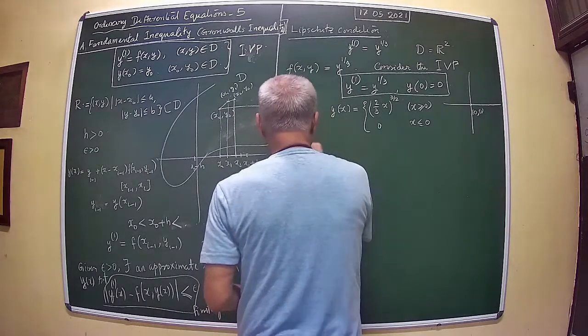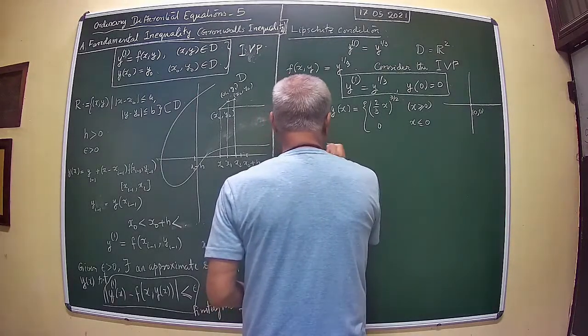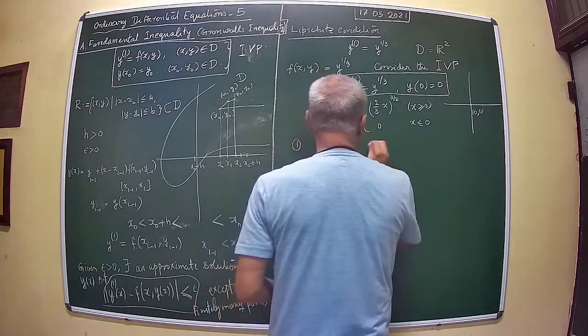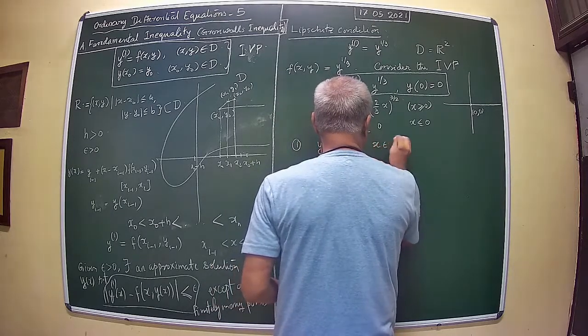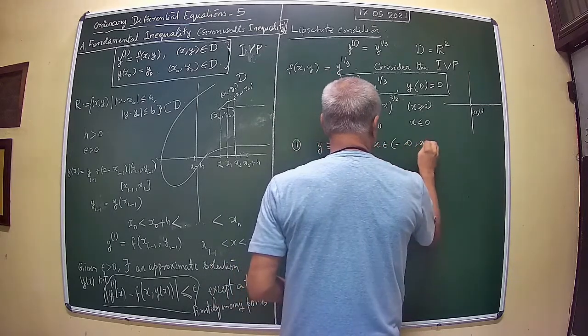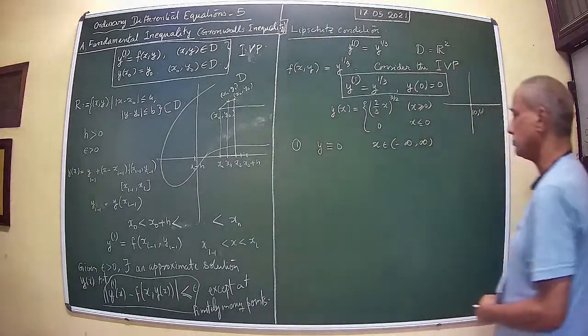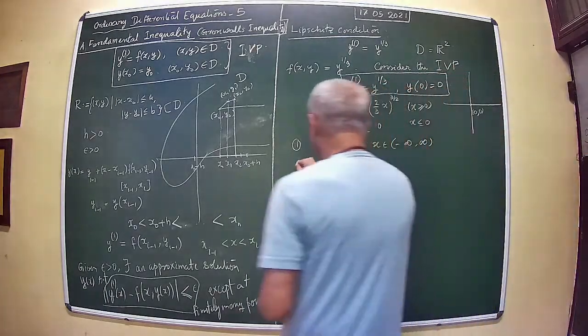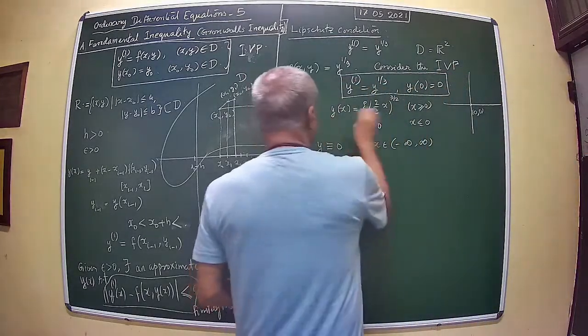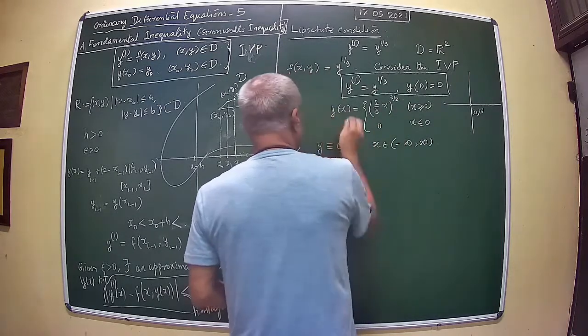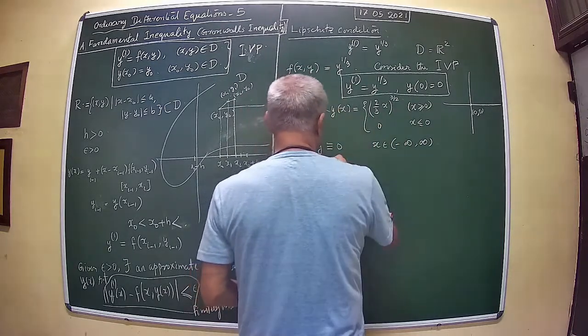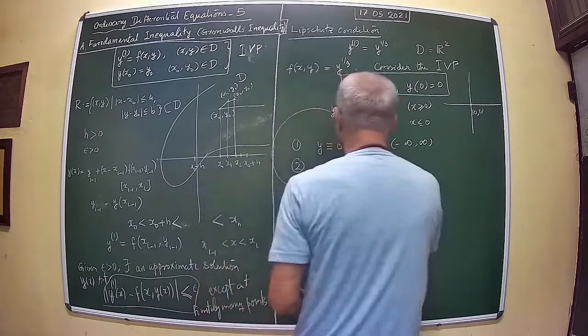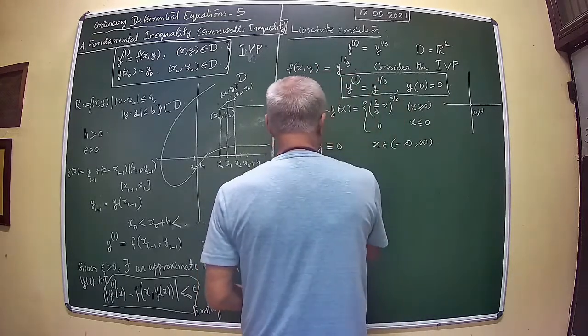The first solution is y identically equal to 0, defined for x belonging to minus infinity to infinity. There is a second solution that you can give. This is the one that I have defined here.